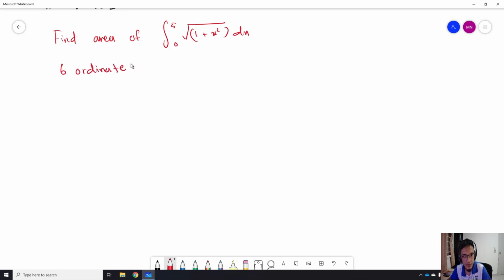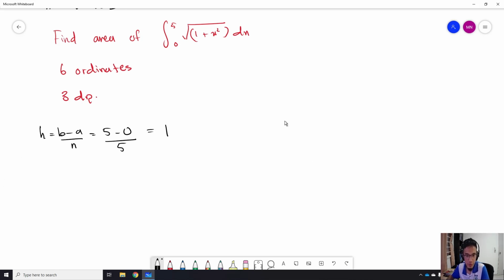Give your answer in 3 decimal places. So firstly we find the value of h. h equals b minus a over n, so 5 minus 0 over, 6 ordinates means we have 5 intervals, so 5 minus 0 over 5, so h is equal to 1.